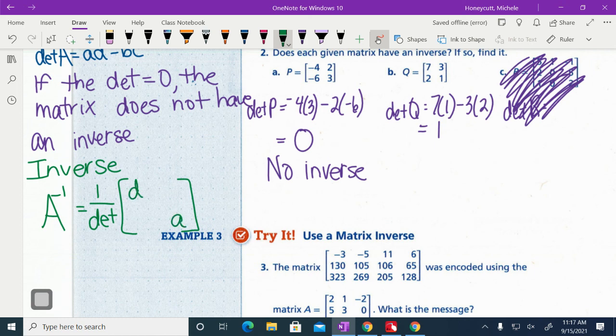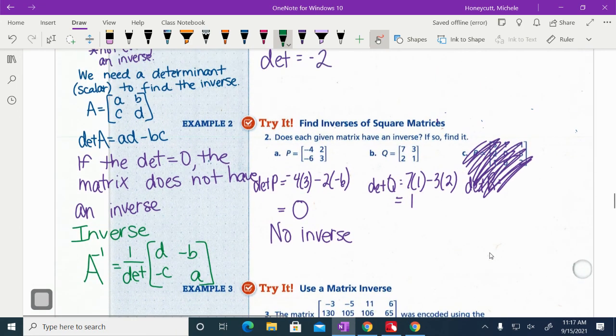D and A are going to switch places. And then opposite of B, opposite of C. That's how you find the inverse of a 2 by 2. It gets even weirder for 3 by 3s, but we don't have to do 3 by 3s by hand.